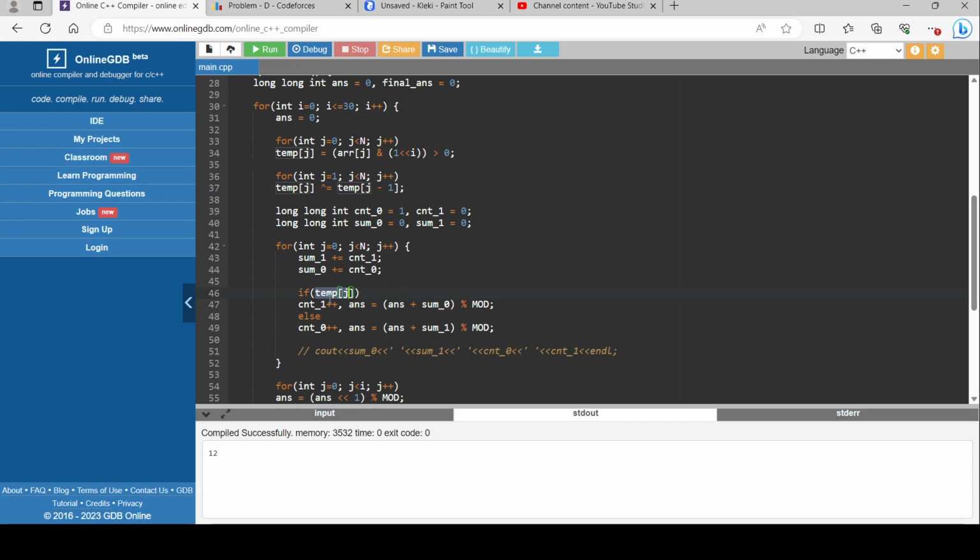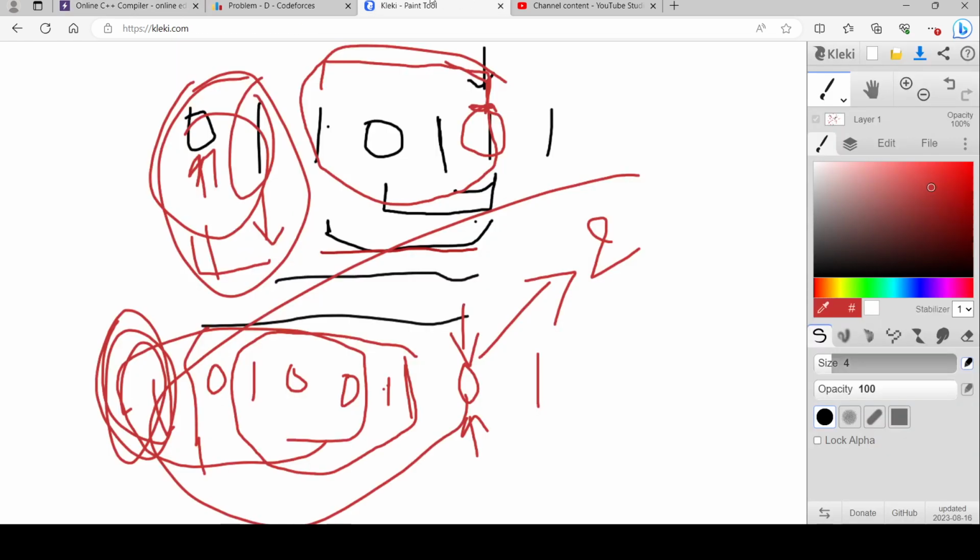If the temp value is 0, then we would be calculating the total number of ones before that. So basically what I want to say is that if it is 0, the total number of subarrays would be given by the count of ones. Now if it is 1, it is given by the total number of zeros before this.